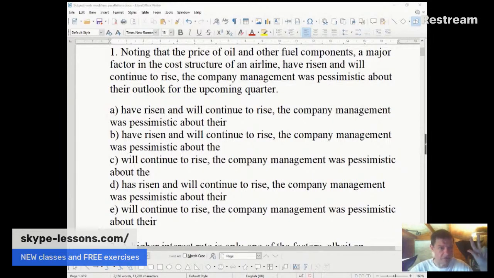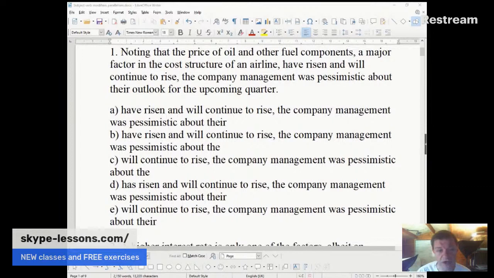Yeah, have the fuel components risen into the air? No. Has the oil risen into the air? No. Has the price gone up? Yes. So the price, is that singular or plural? The price. The price is, the price has risen, not the price have risen. So we know that have risen is definitely wrong.